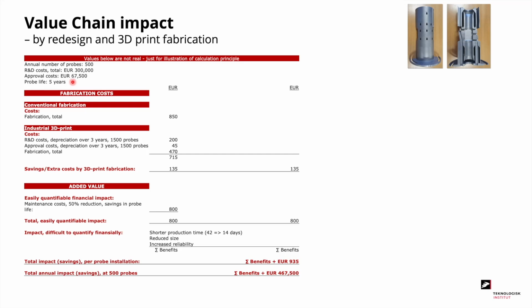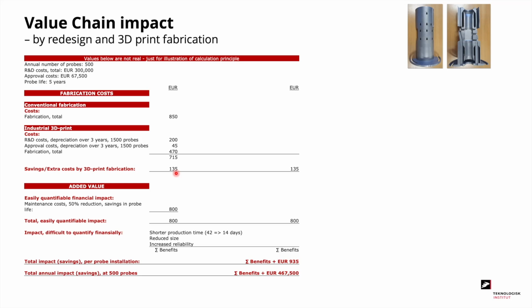The fabrication cost was 850 conventionally, and using industrial 3D print, the fabrication cost is 715, with 3 contributions actually, both the R&D cost, the approval cost, and the fabrication costs. All in all, this gives us a saving using 3D print of 135 euro per probe.